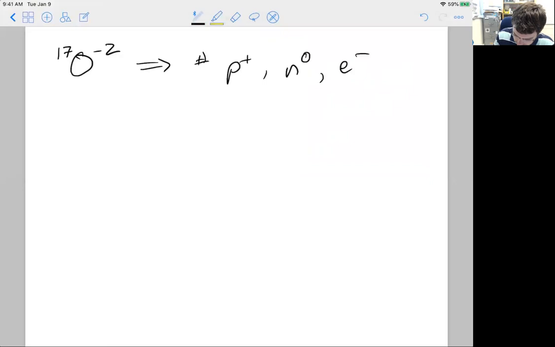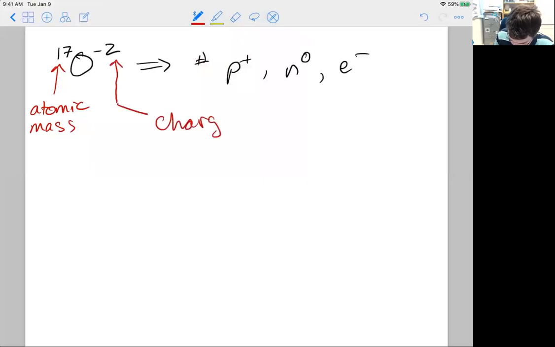I also have this written in the new format: 17, that's the atomic mass, and -2, that's the charge. In this case, we're looking at an anion because it has a negative charge. Negatively charged ions are anions.